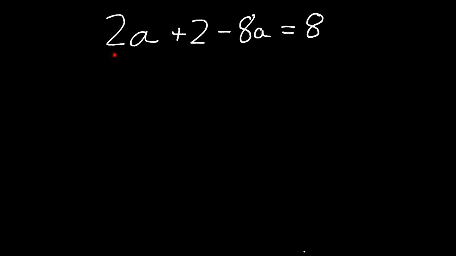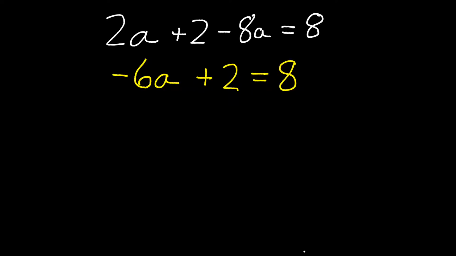I can combine 2a with negative 8a because they are like terms. They both have the variable a. So my first step is going to be simplifying the expression by combining like terms, and 2a minus 8a is negative 6a. Then don't forget your plus 2 from before, and this equals 8.